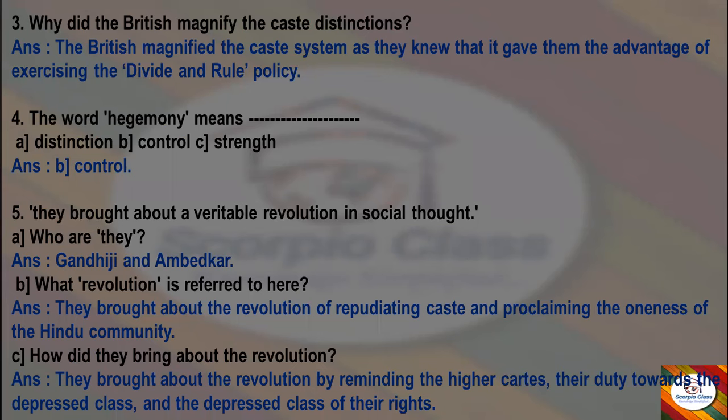How did they bring about the revolution? Answer: they brought about the revolution by reminding the higher castes of their duty towards the depressed classes and the depressed classes of their rights. So this is how they brought the revolution.